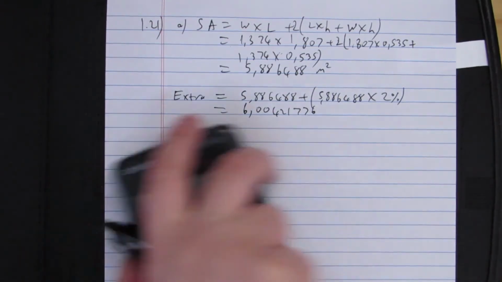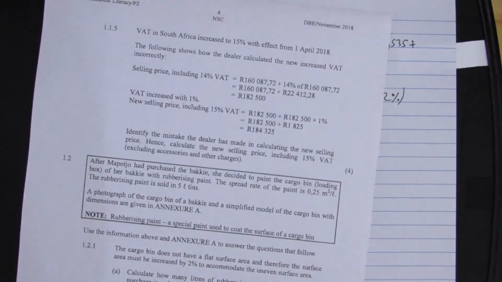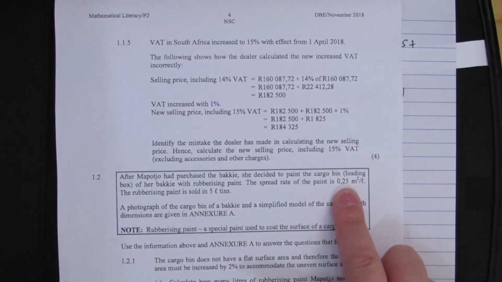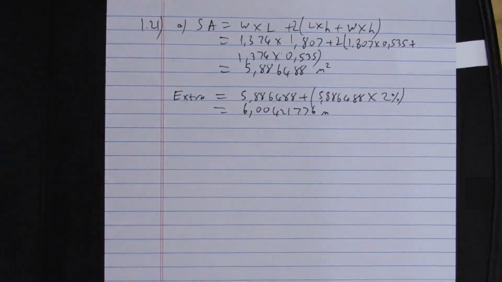So they would like it to be how many litres? Well, we've got the square meterage that is being covered here. It's about 6 square meters. And we know that the spread rate is a quarter of a square meter per litre.